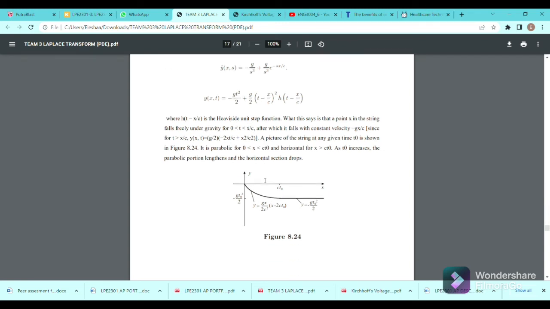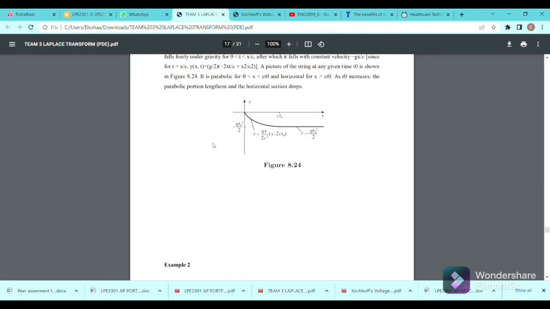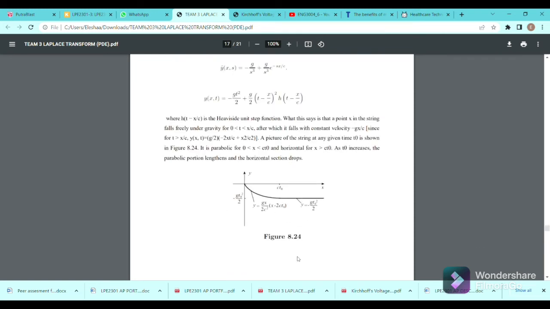So it is parabolic for this range and horizontal for this range, and as t increases, the parabolic portion's length increases and the horizontal section drops. So this is the figure, this is the graph.